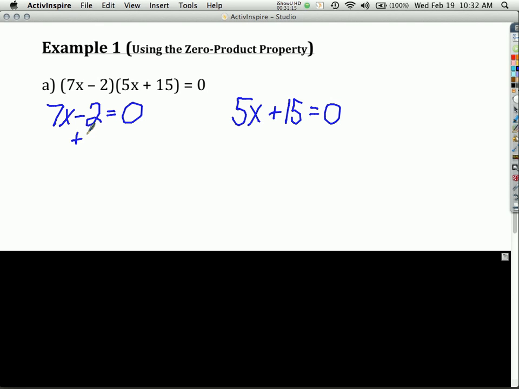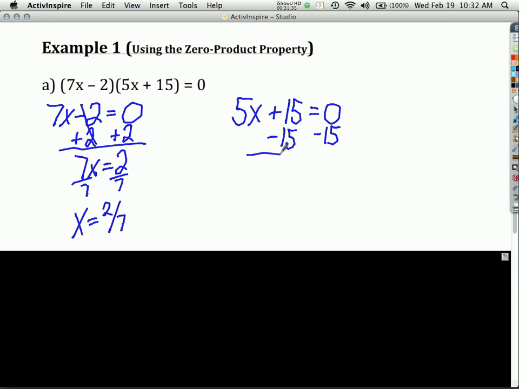Add 2 to both sides. 7x equals 2. Divide by 7, divide by 7. We get x equals 2/7. Do the other one. Subtract 15, subtract 15. 5x equals negative 15. x equals negative 3.